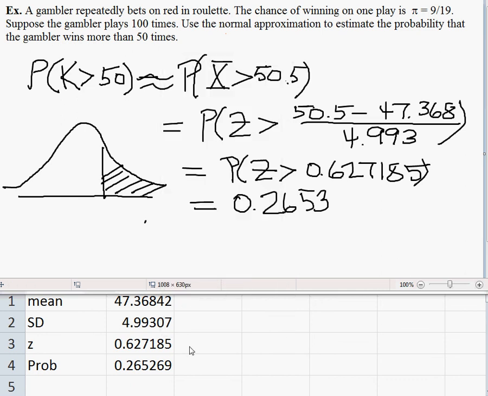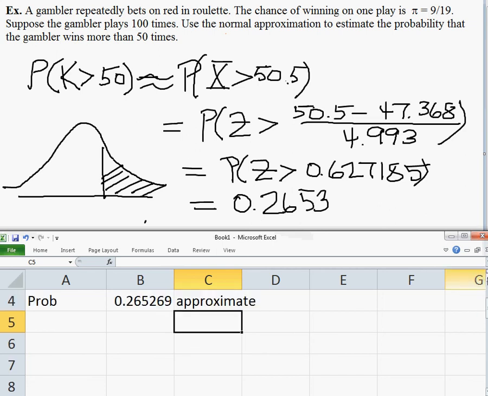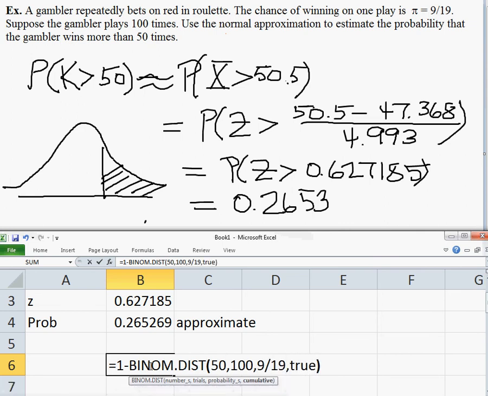But to conclude, I want to say that this is an approximate answer because I used the normal distribution. If I wanted to find the exact answer, the way I would get it would be 1 minus BINOM.DIST(50, 100, 9/19, true), just like we did with hypothesis testing.